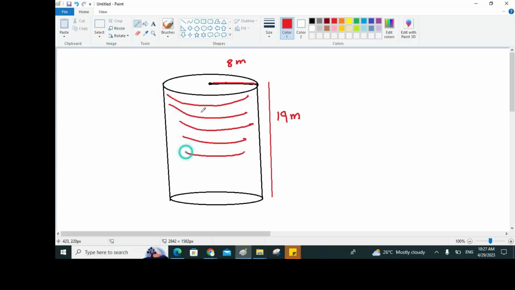Now, by the way, if you look from the top on this cylinder, you will see that it's a circle. So if you simply want to find out the length of this whole circular part, it will be 2 pi r. And when this 2 pi r is multiplied by this height, that is 19 meters, you are going to get the outer surface area.